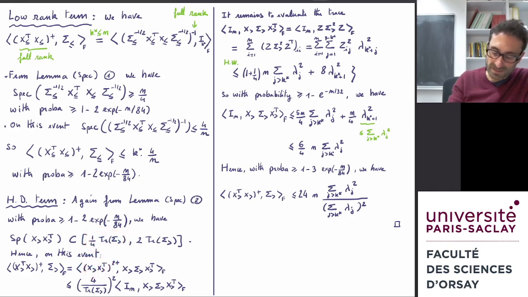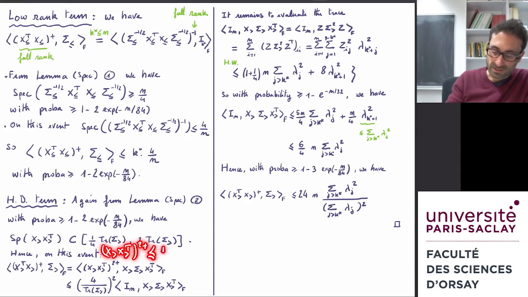Okay, so if I look at the high-dimensional part of X transpose X, it is larger than the trace over 4 times the identity. All right, so now if I take the Moore-Penrose pseudo-inverse, I will end up with the fact that this matrix will be smaller.